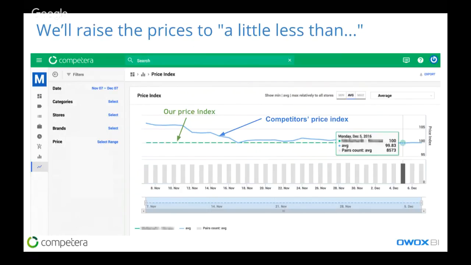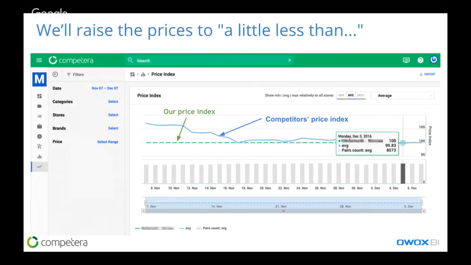And usually competitors are broken down by categories, and the following thing, which is called price index, is available in Competera. This is a way of laying out competitive data to determine price positioning against competition for the selected group of products over a timeline.